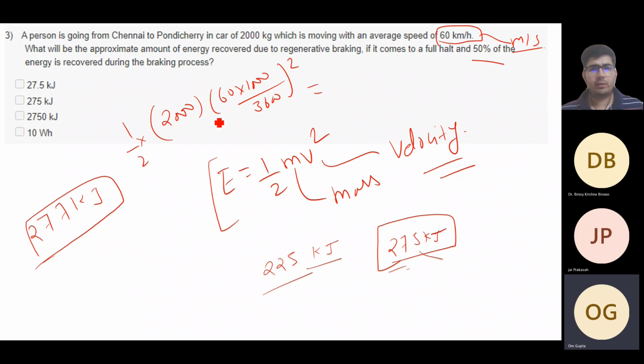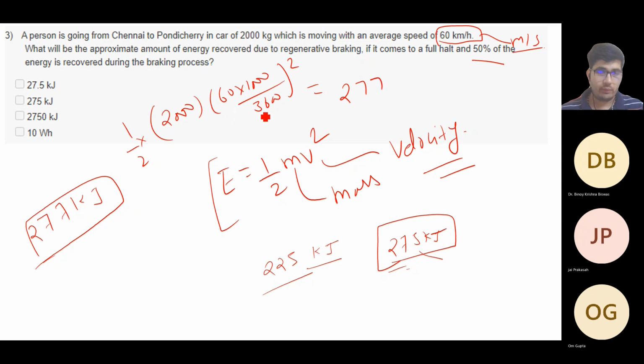After solving, what is the value? 16.67, it will come around 60 upon 3600 into 1000. So you will get 277.77, so 277.7 kilojoule.